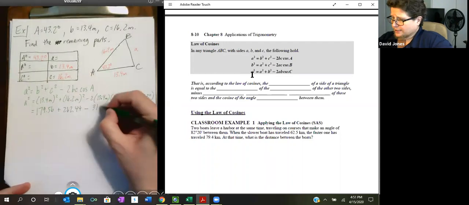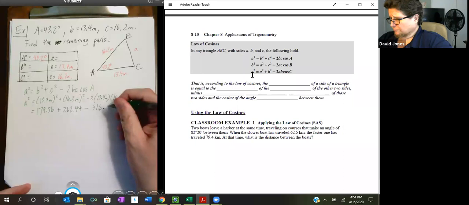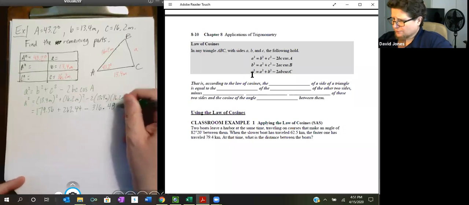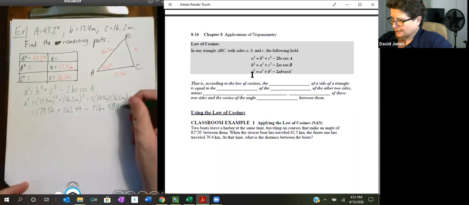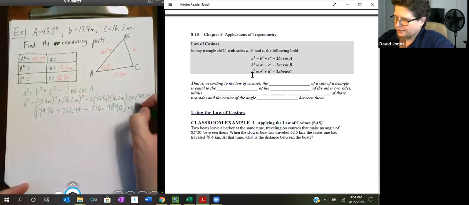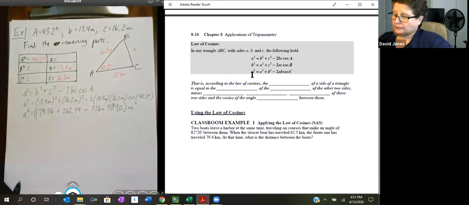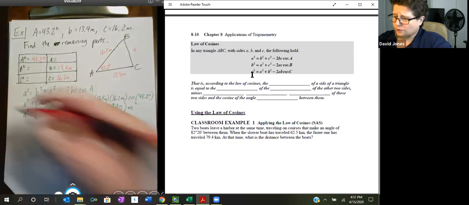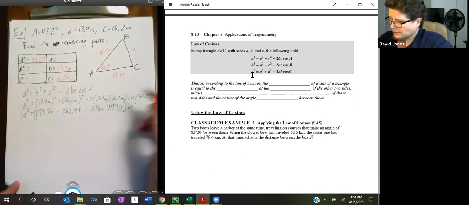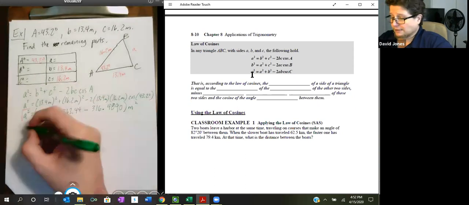Minus 316.489. We'll round to 49 for now. Now let's go to 489. We can always round at the end more. 4890. This is all in meters squared. I didn't point that out earlier. I should have. Now when we take the square root of both sides, well, let's finish calculating that.